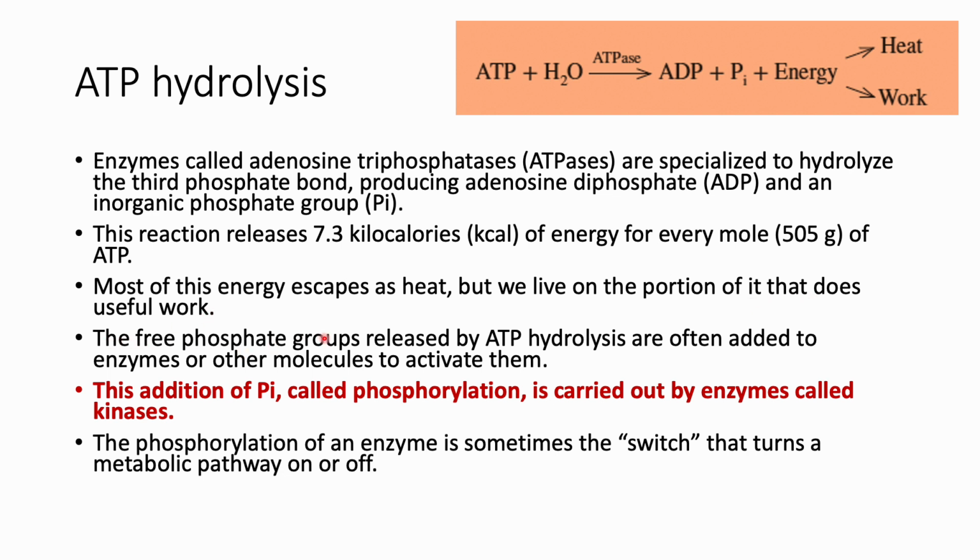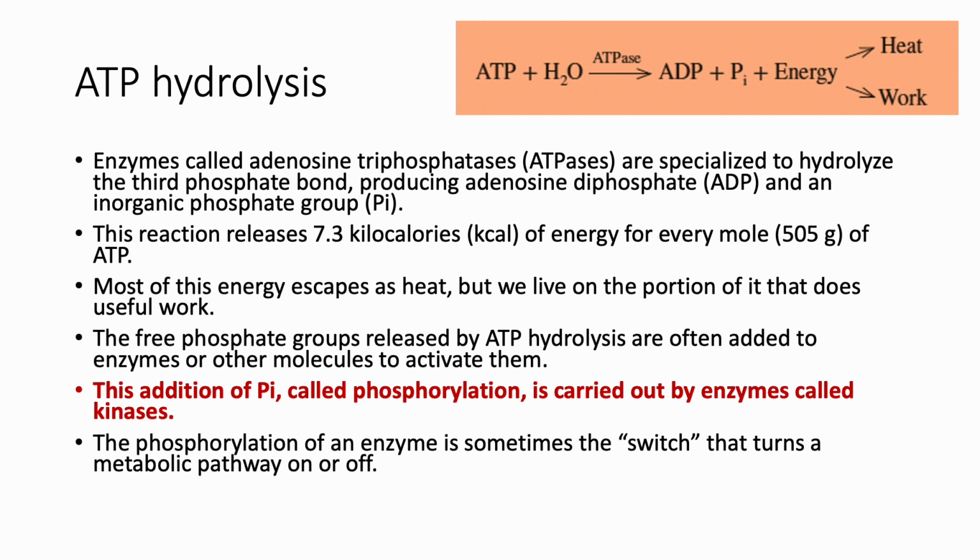The free phosphate group released by ATP hydrolysis is often added to enzymes and other molecules to activate them. When we add a phosphate group to an enzyme or a protein, we call that phosphorylation. This phosphorylation is carried out by enzymes called kinases. The phosphorylation of an enzyme is sometimes the switch that turns a metabolic pathway on or off.